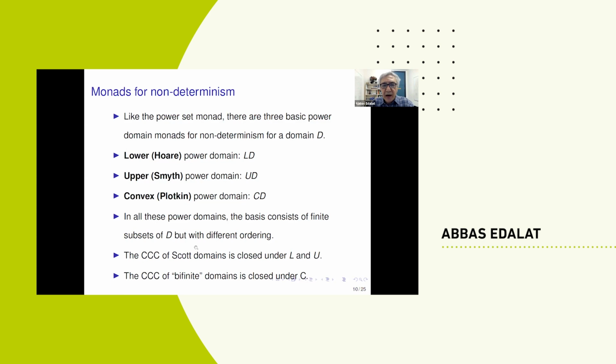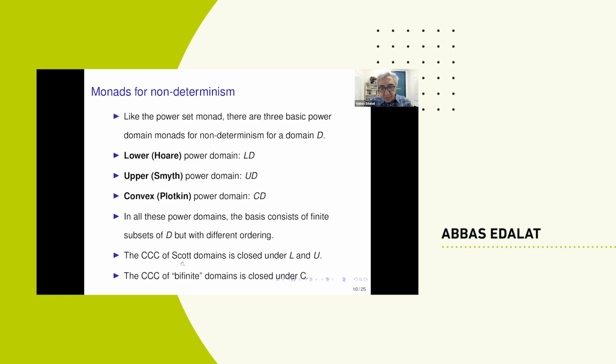So like the power set monad, there are three basic power domain monads for non-determinism for a domain D: the lower Hall power domain LD, the upper or Smith power domain UD, and the convex Plotkin power domain CD. So in all these three, the basis of these new domains that we create as power domains with the underlying domain D consists of finite subsets of D, but with different ordering.